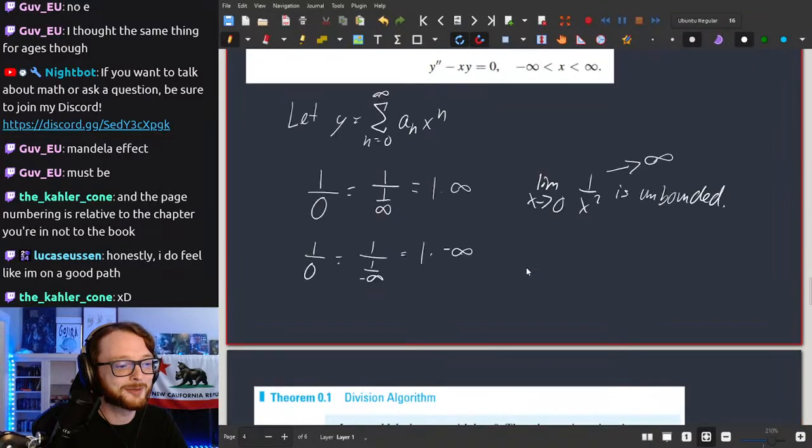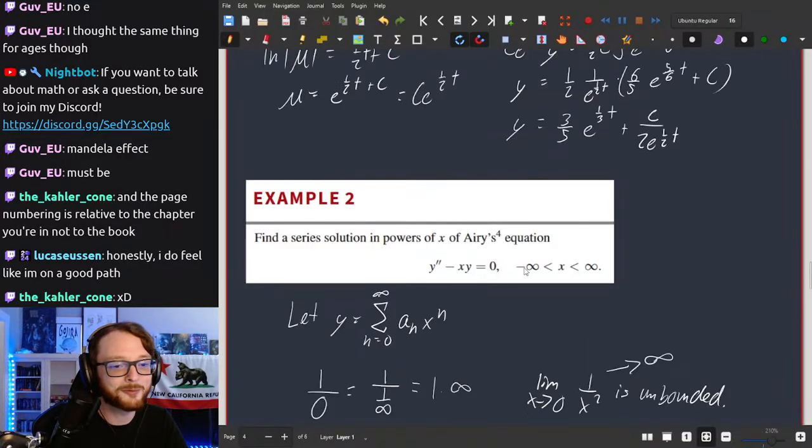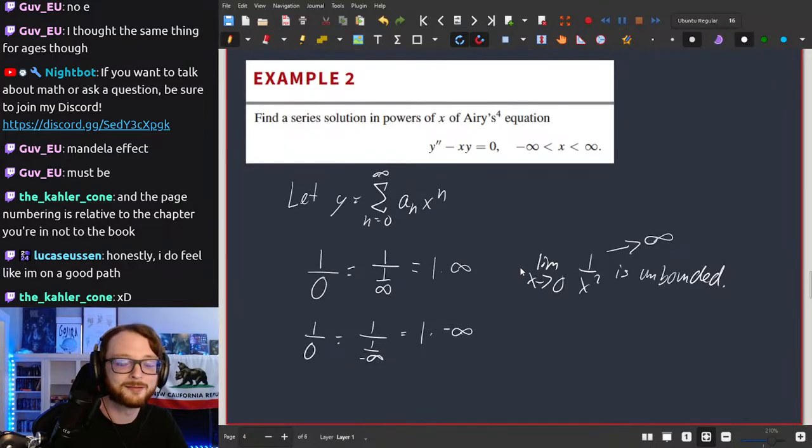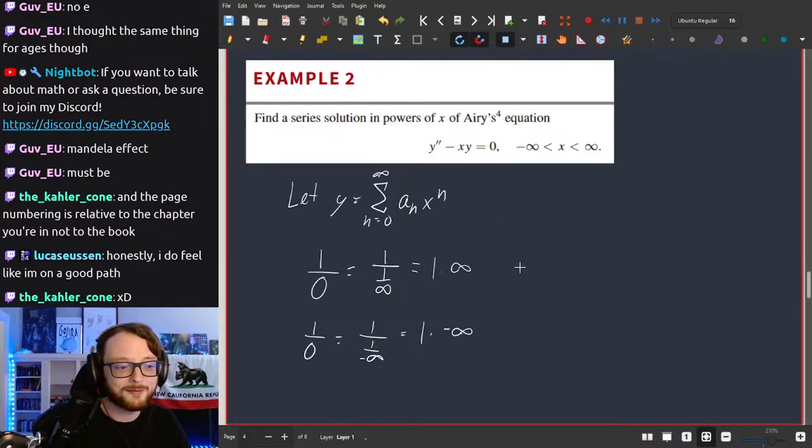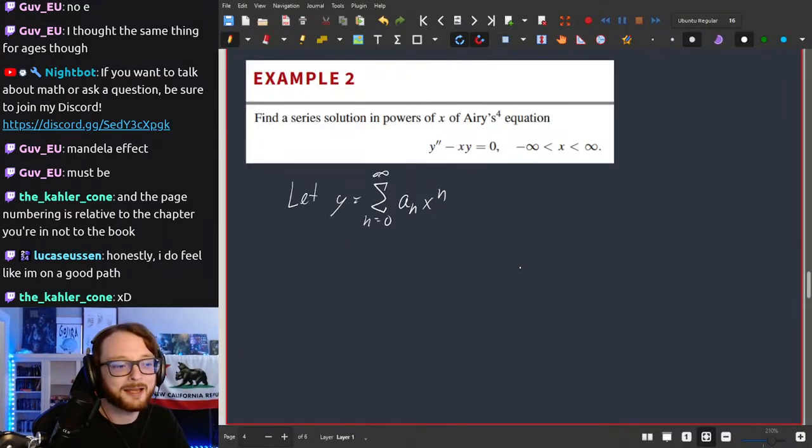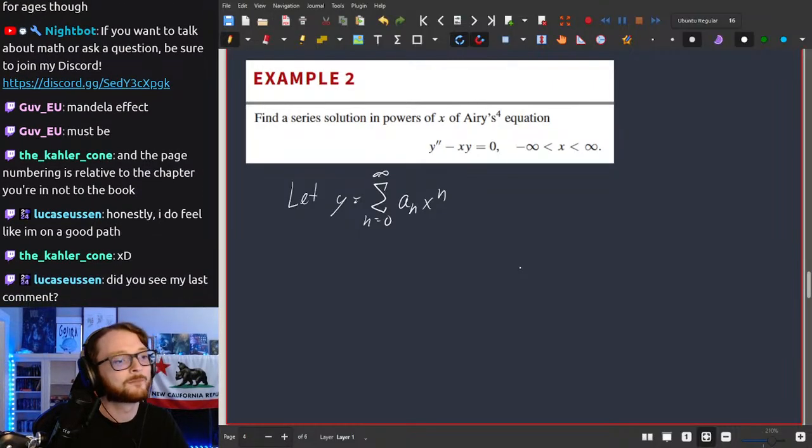You feel like you're on a good path with the division by zero thing? I'm not quite sure what to tell you other than if you try to define it, you're almost certainly gonna introduce some type of contradiction in your system of math. I didn't quite follow it.